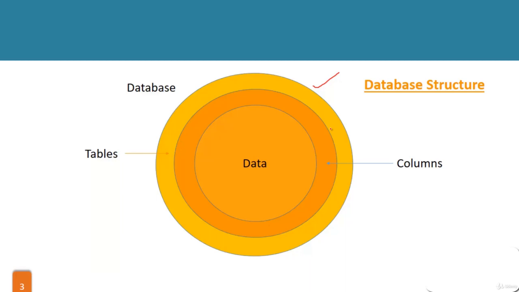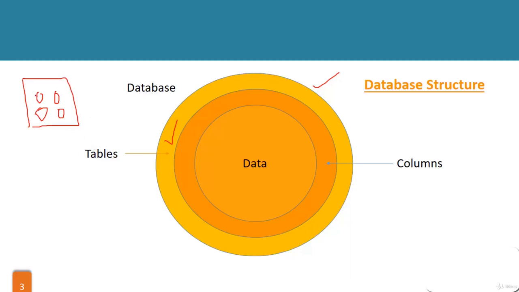For example, if the database has 4 tables, you will see 4 tables inside the database like this, right? These are called tables, and they are inside the database. This is a shell for tables.